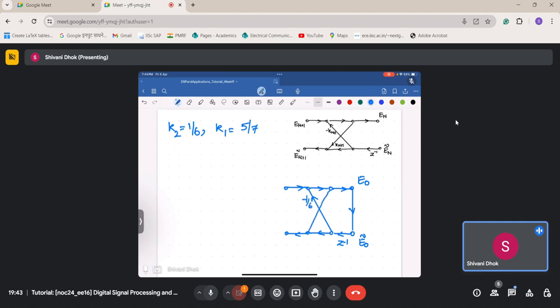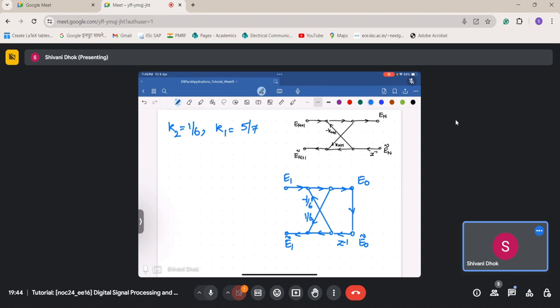This gets multiplied by 1 by 6, which is k2, and this will give me E1 and E1 tilde. So this is my first stage. After that, I need to look at the second stage.